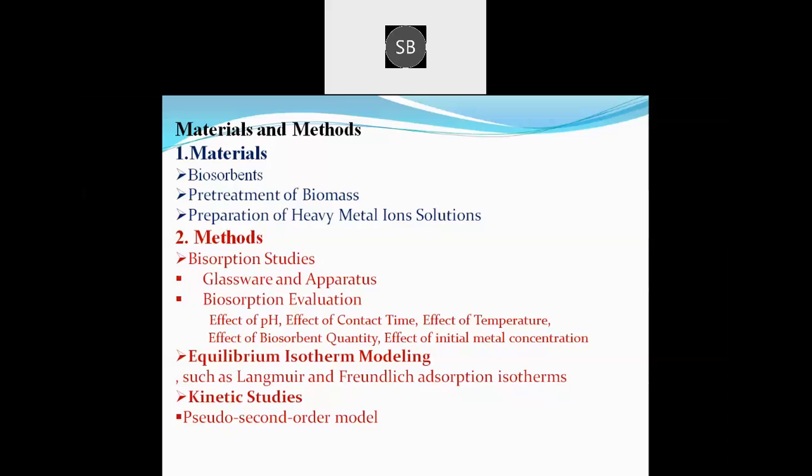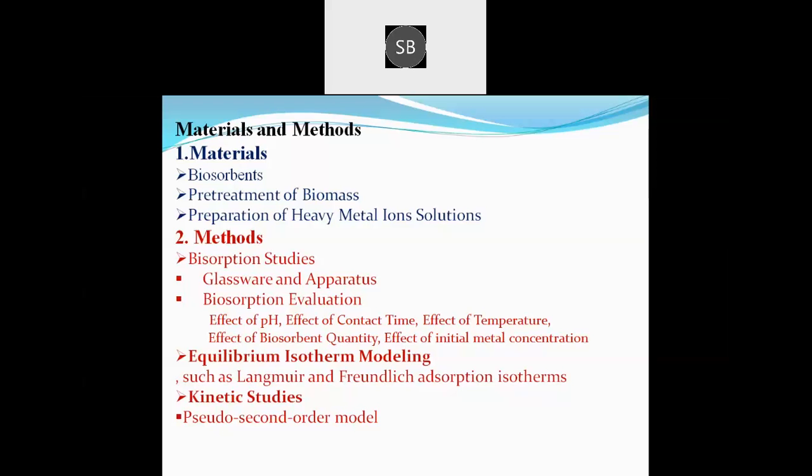After selection, the biosorbent should be pre-treated, so that any impurities present can be removed prior to the batch mode studies. Then, whichever metal you are going to study, the stock solution of that heavy metal ion should be prepared. These are the materials.